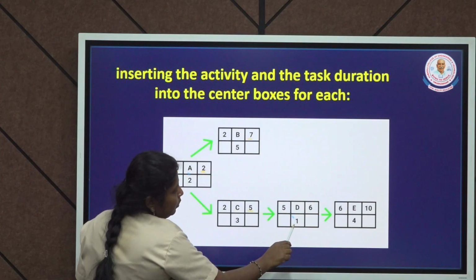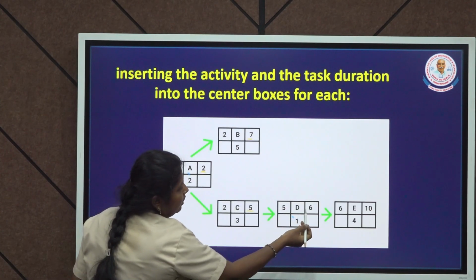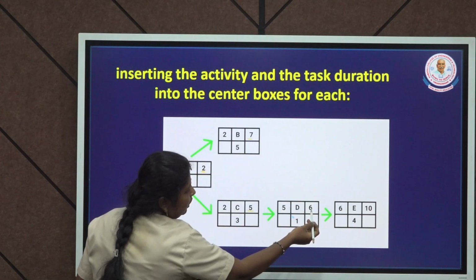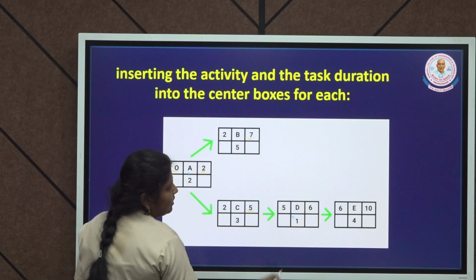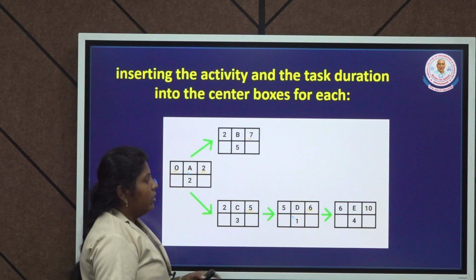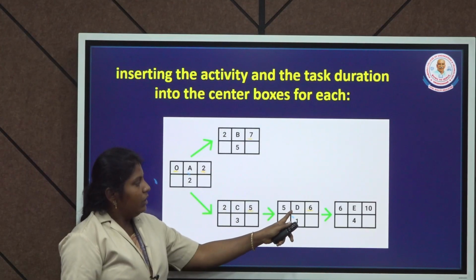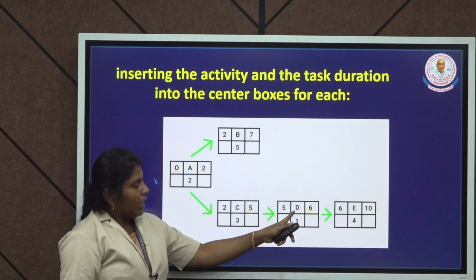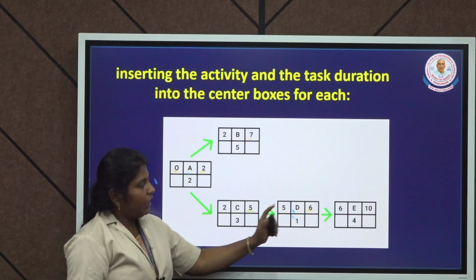So this is the duration for the completion of the work of D. So 5 plus 1, the early finish value of D is 6 here. So totally it will take 6 days to complete the activity, activity meaning task work, of D here.